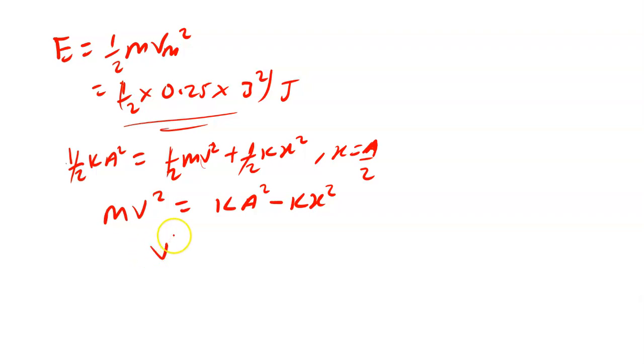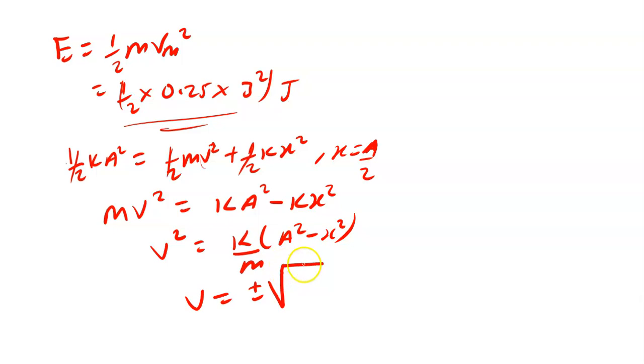So v squared will be equal to, when you factorize k, k, open brackets, a squared minus x squared, then divided by m. So our v is going to be plus or minus the square root of k over m, then a squared minus x squared. That is what we are going to have.